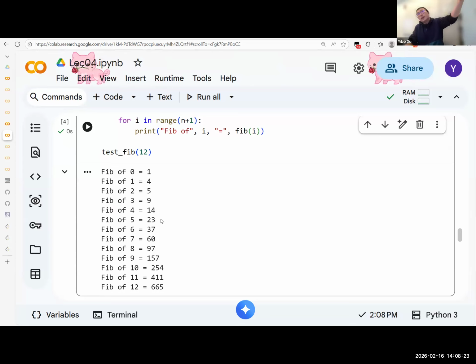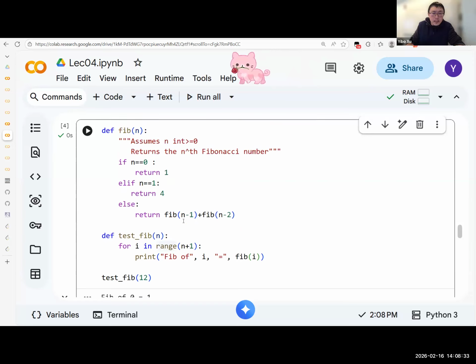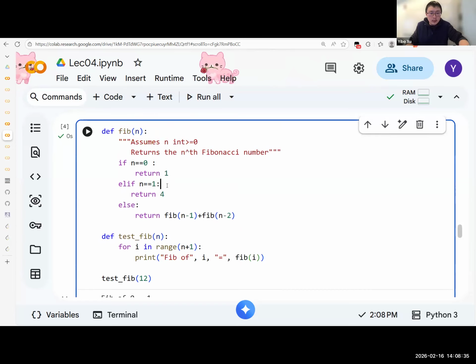So basically, the rule of recursion is still the same. However, the sequence resulting from it is completely different. And of course, that's basically how recursion works. And then if you want to go back, I just change this to 1. That's totally fine.